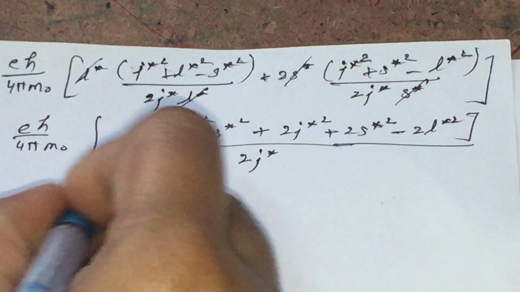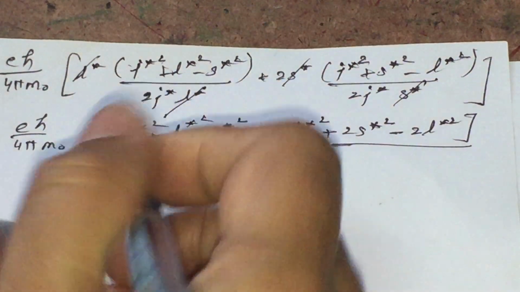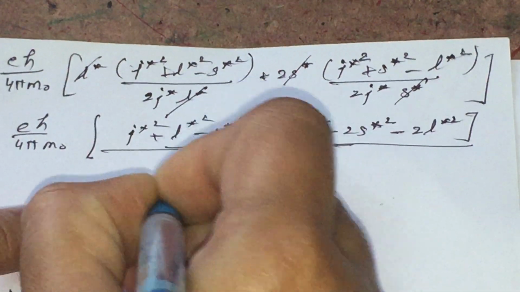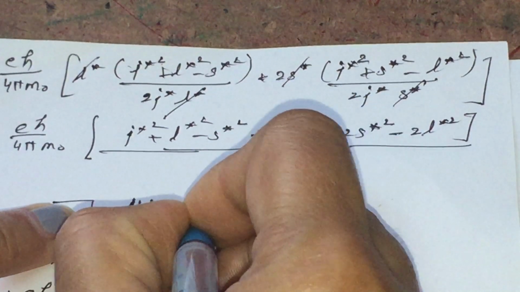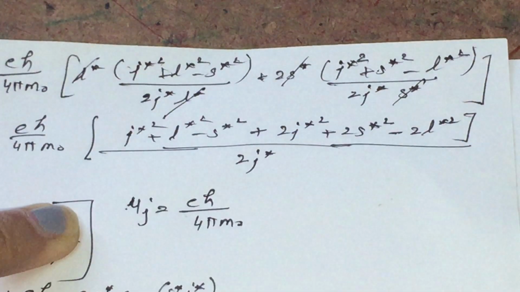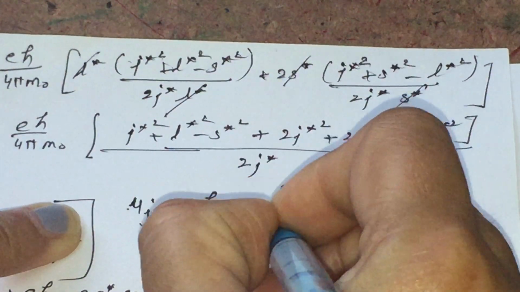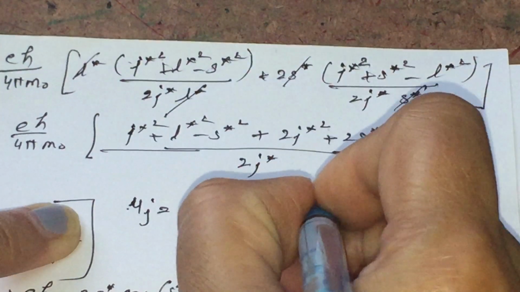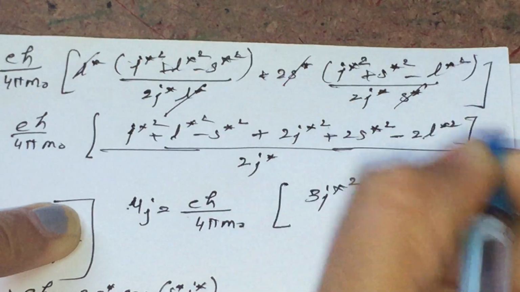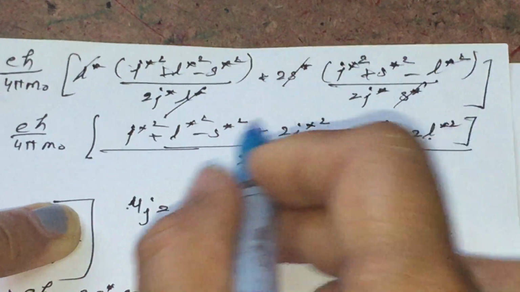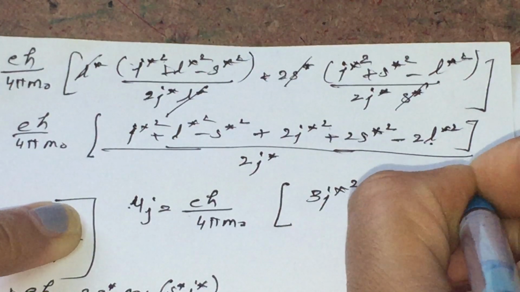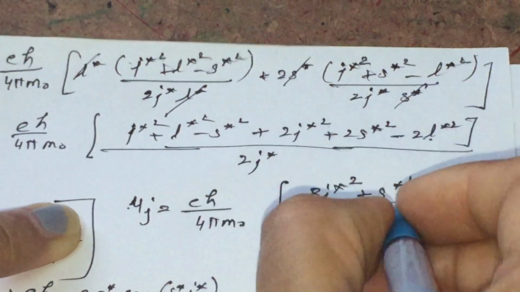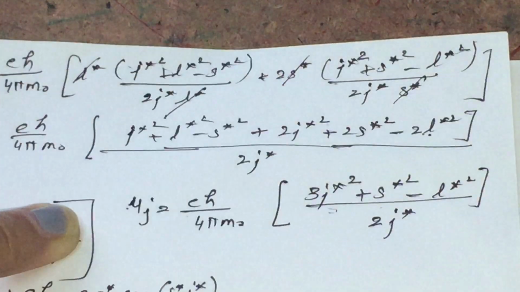And on simplifying, you are finding out that you will get the total magnetic momentum mu J is equal to eh upon 4 pi m naught, and this is 3 J star square on solving, and here you will have plus S star square and minus L star square if you solve it here.